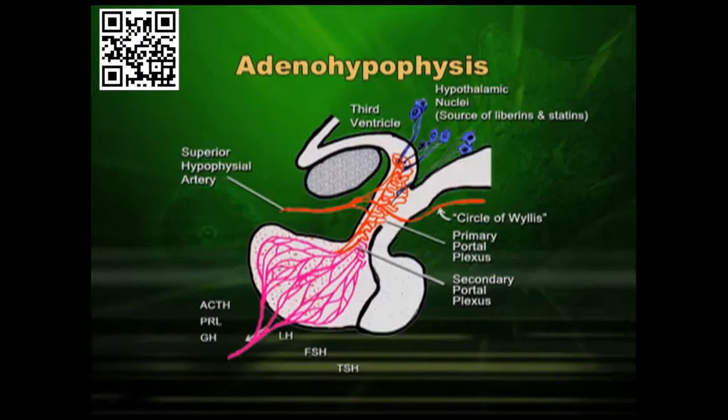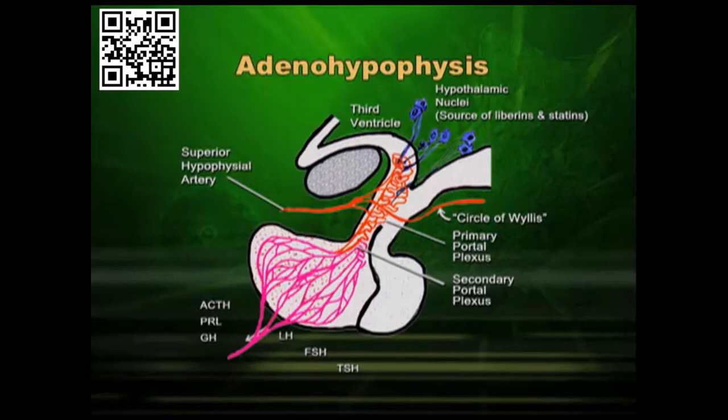I now give you details of the anterior lobe, which is also known as adenohypophysis. Adenohypophysis is the source of 6 important hormones which are synthesized and secreted by the anterior lobe itself. That means inside the anterior lobe you have 6 different types of cells producing 6 different types of hormones.